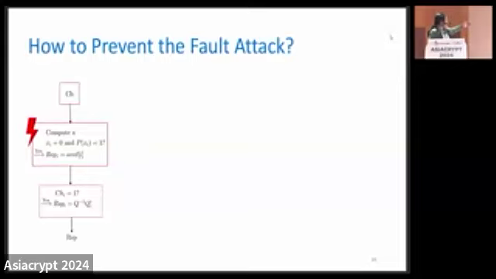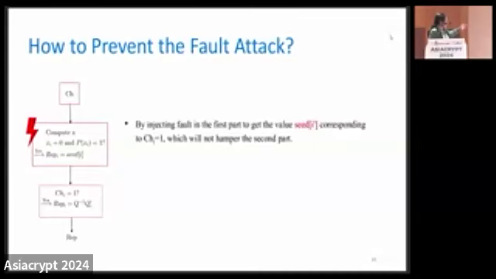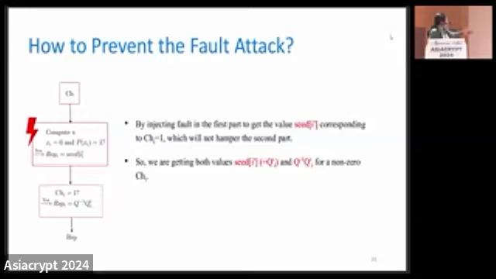So if we change the value of X in the first step by injecting a fault attack, then it will not hamper the second part. So we can get the corresponding secret related information easily from the second part. For this reason, our attack will be successfully done.